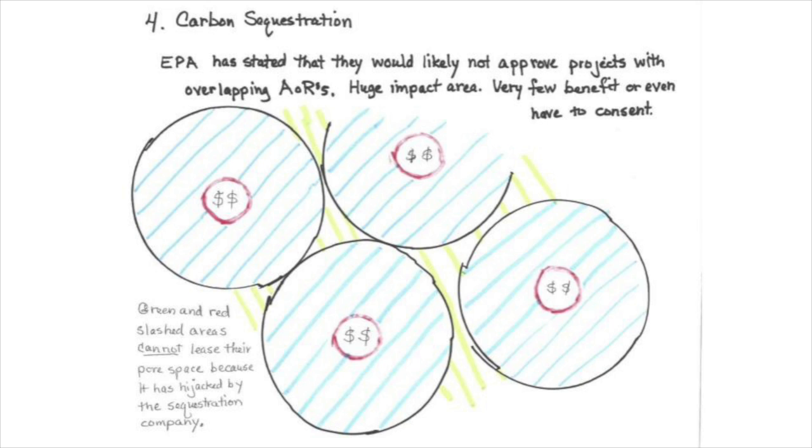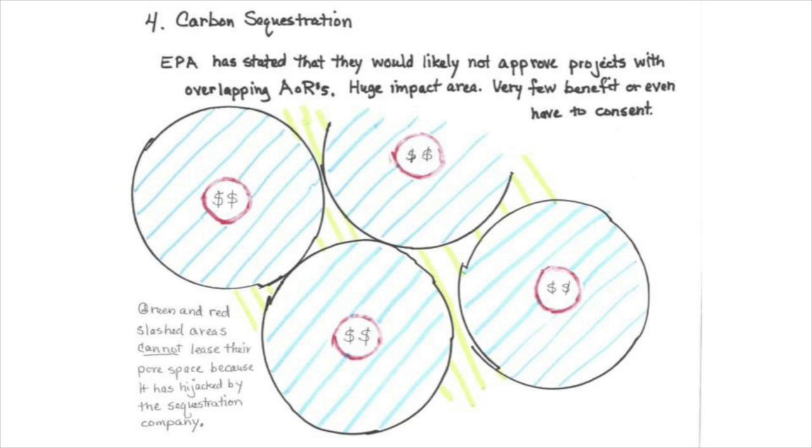That makes sense because they really don't understand what's going to happen and where the CO2 is going to go and how to figure that out. It would really complicate things if they had overlapping pressure fronts. So they have said they would not likely approve any projects that overlapped.